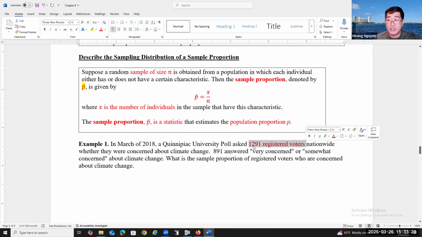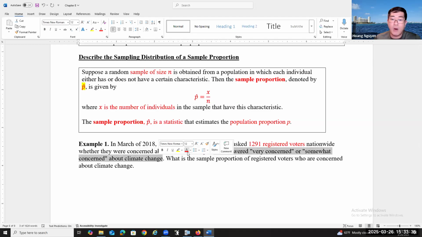Among the 1,291 people that we surveyed, 891 of them said yes, they're very concerned or somewhat concerned about climate change. This is the number of people that have the certain characteristic we want to know about, which is that they are concerned about climate change.